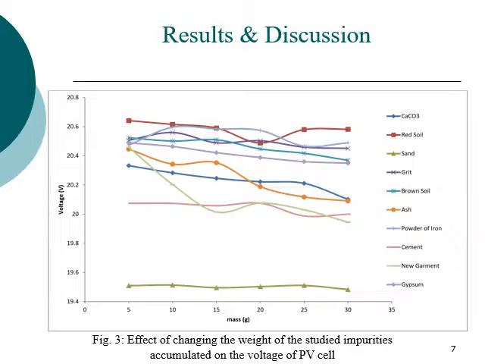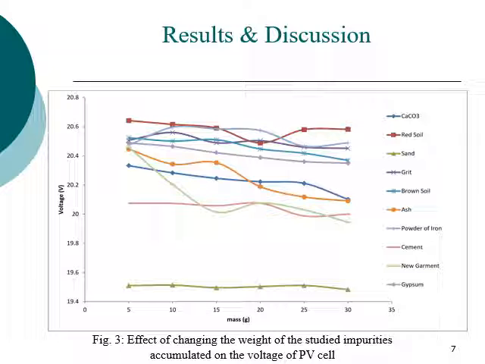But when we come to the voltage, we can see the difference is clear, the impact of dust is higher. And maybe the green one here, the sand, the lowest voltage occurred when sand accumulated on the panel, comparing with the other types, and this is the problem that occurs in general in the desert region or area.